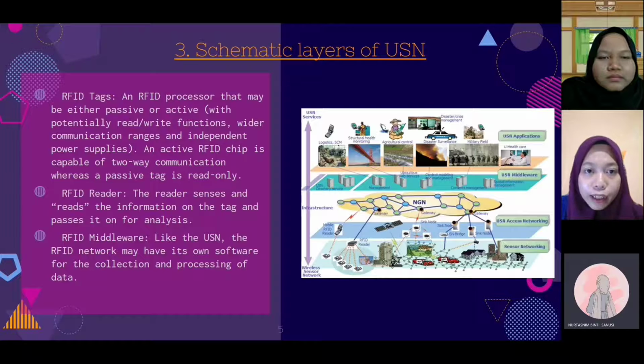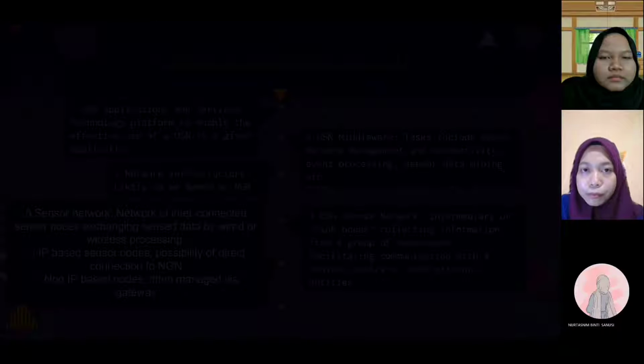An active RFID chip is capable of two-way communication, whereas a passive tag is read-only. RFID reader: the reader senses and reads the information on the tag and passes it on for analysis. RFID middleware: like the USN, the RFID network may have its own software for the collection and processing of data.